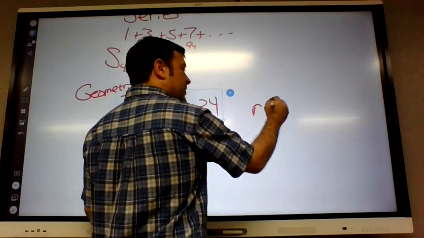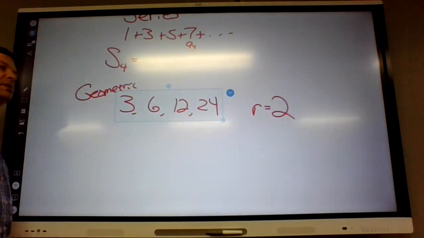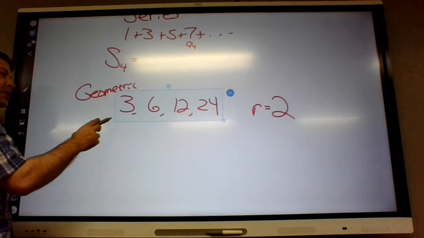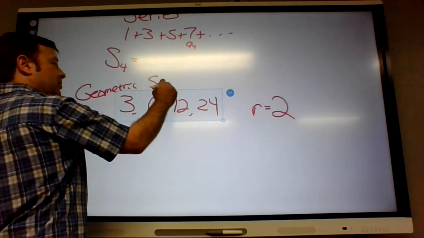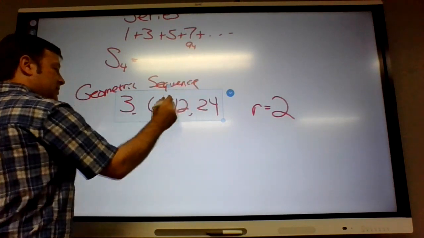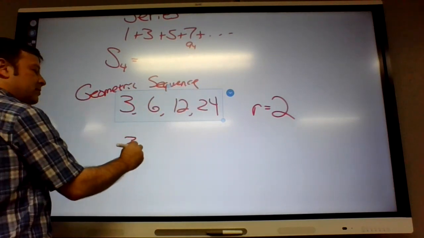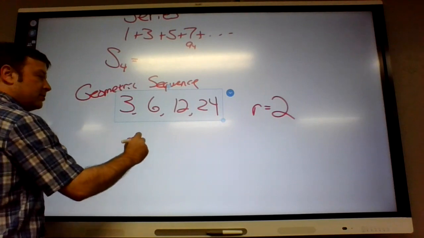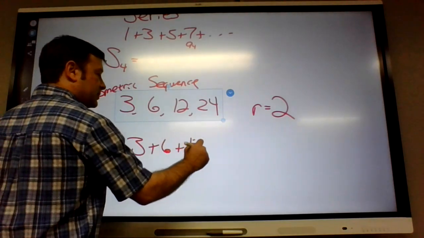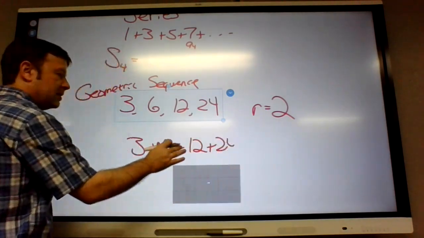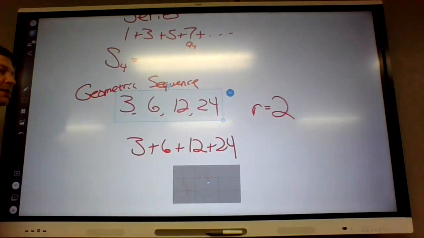We call that the common ratio. So on this one, the common ratio is 2. And today we're doing, this is a sequence, but today we're doing series. So we're doing the sum, like 3 plus 6 plus 12 plus 24 is more like what we're doing today.